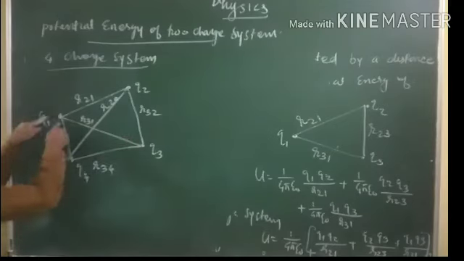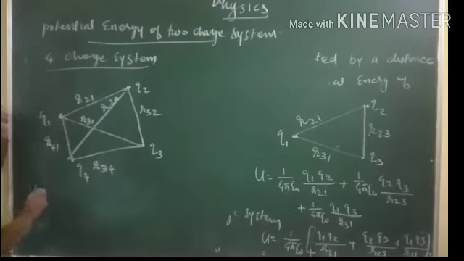Now first, in between these, what is the potential energy? So the total U will be equal to, in between Q1 and Q2, 1 by 4 pi epsilon naught Q1 Q2 divided by R21. We know in all these cases this will be constant, so we can take it outside.